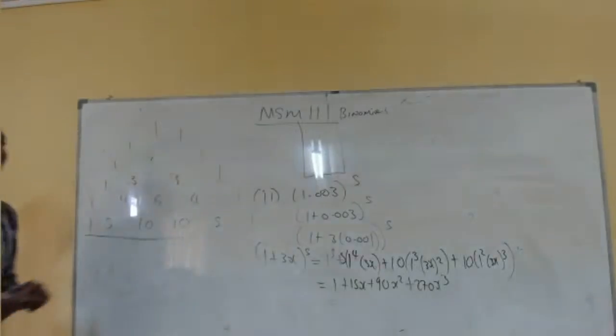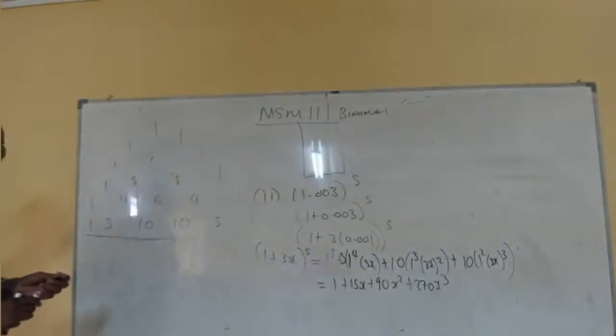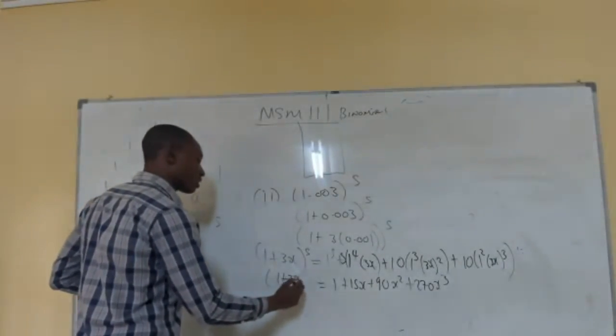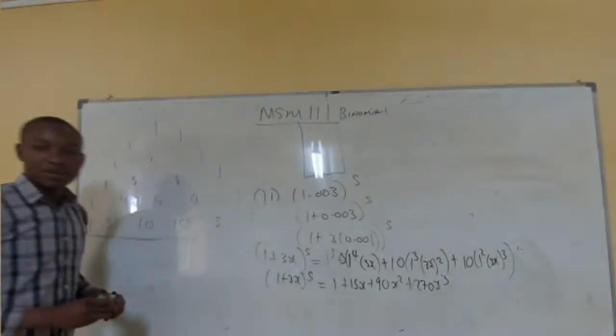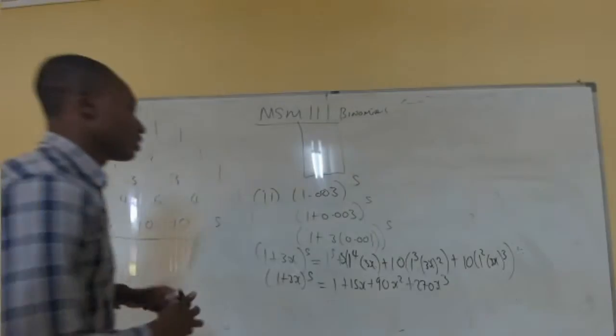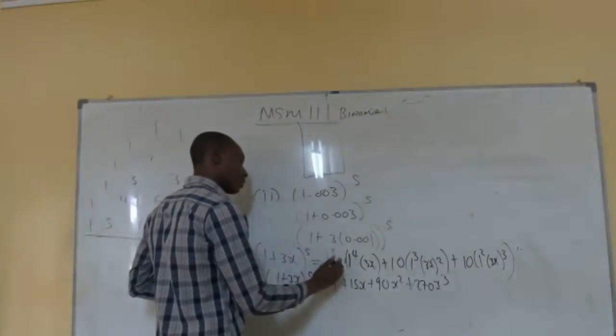Okay, so that is the expansion which you have. I've used Pascal's triangle to expand (1 plus 3x) to the power 5. This is what we have.